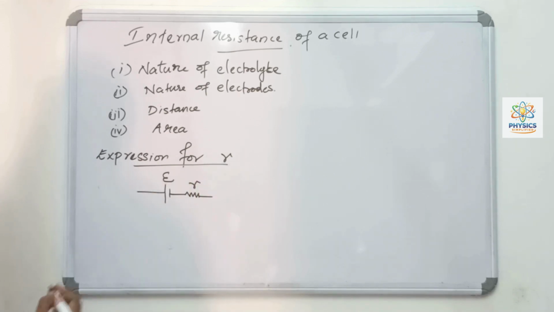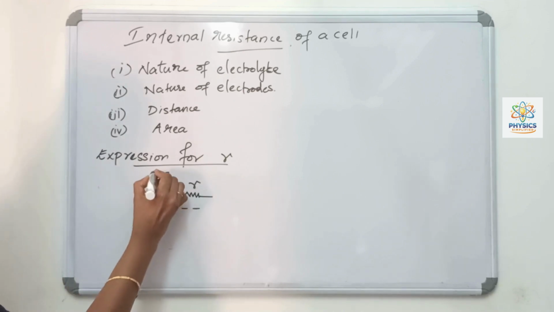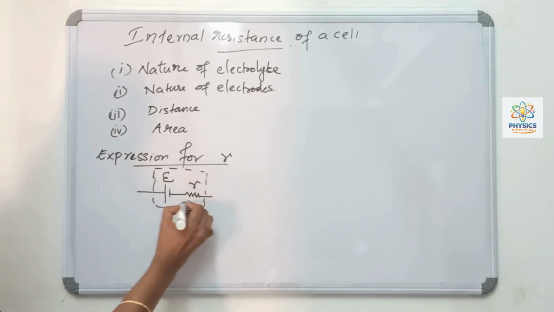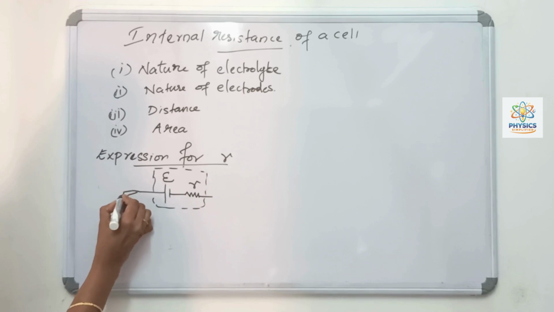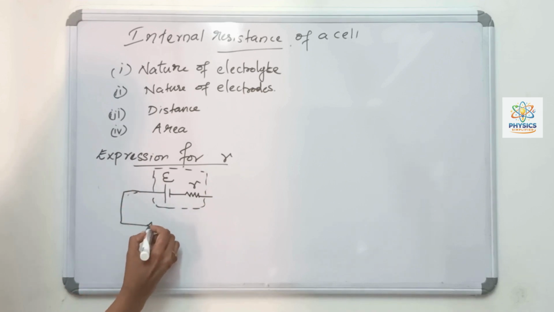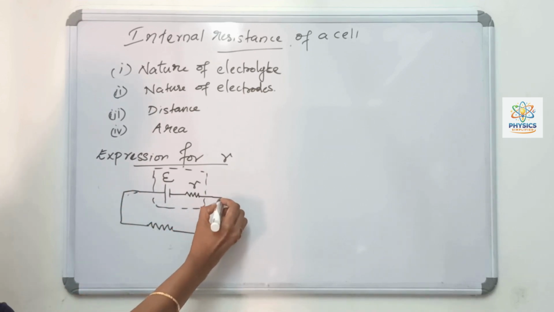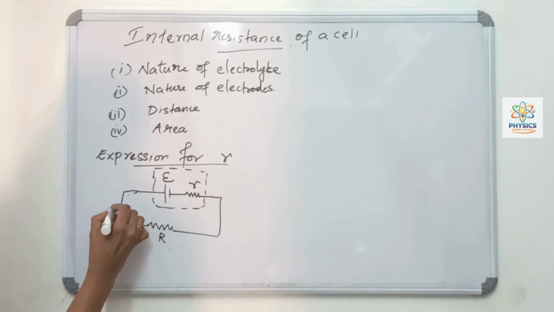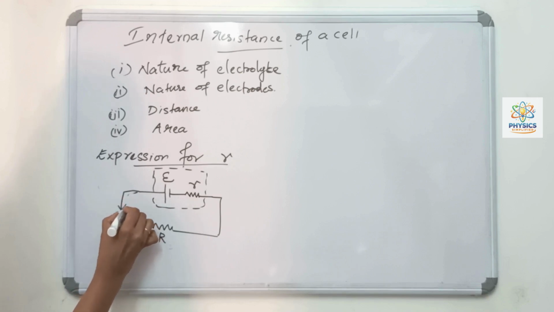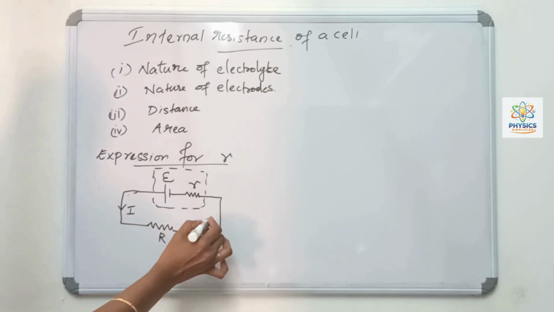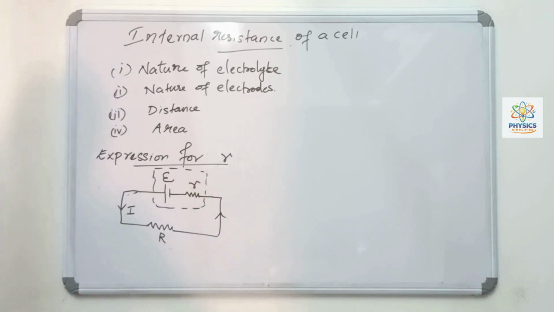That is said to be the internal resistance of a cell. And this cell is connected to an external resistor, which is taken as R. Let I be the current flowing through the external resistor. The direction of current flow is from positive to negative.